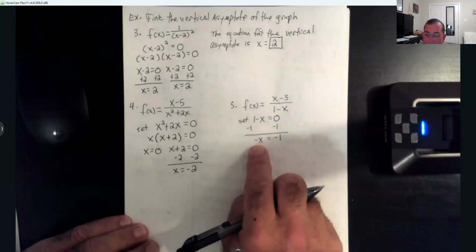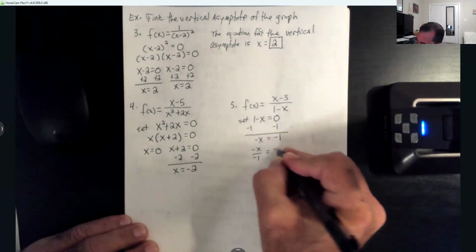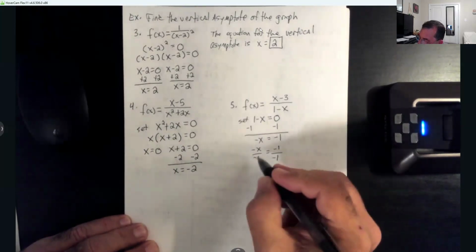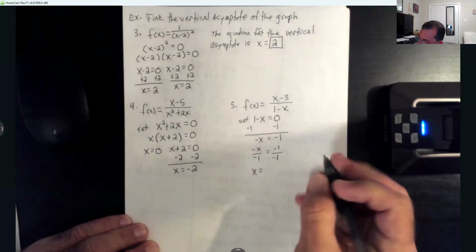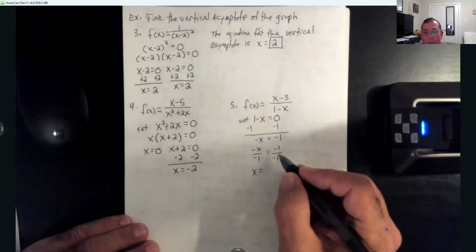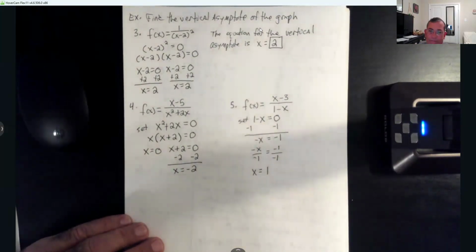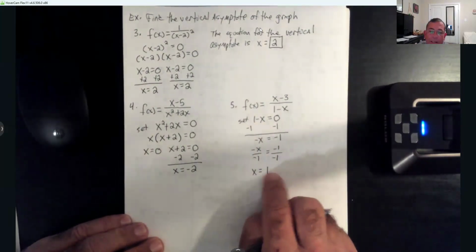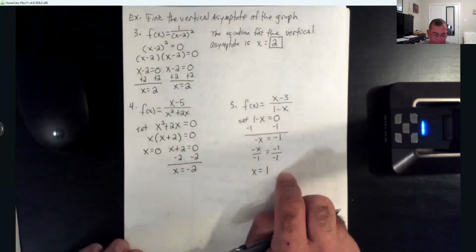And then divide both sides by that negative 1. So that's going to make my x positive. And negative 1 divided by negative 1 makes that a positive 1. So the only place this one's undefined is at 1 on my x-axis.